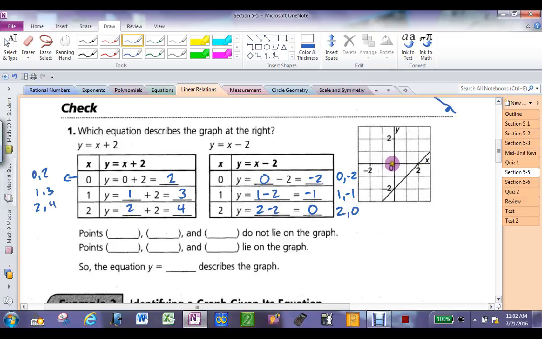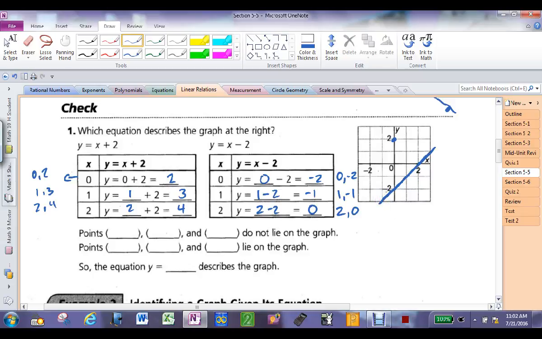0, 2. Is that point on the line? Yes. But no, it's not. But yes, it is. I'll take a minute for you to sort it out. Oh, this is the line. The line that's graphed, Aiden. That line.